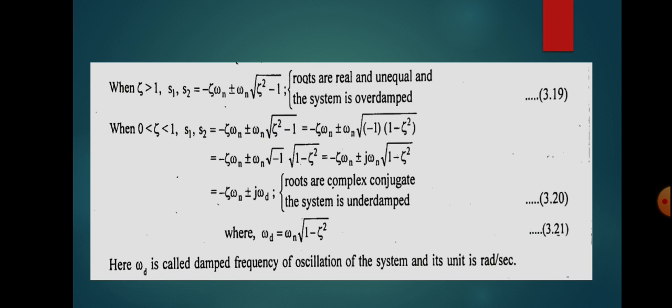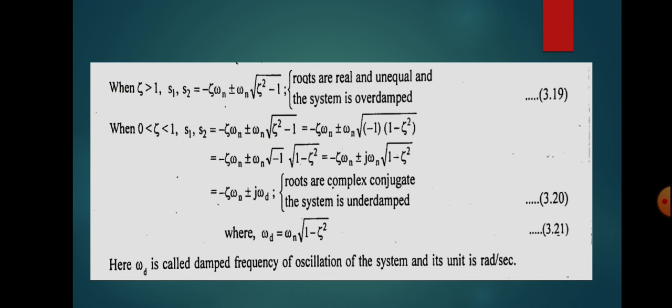When delta is between 0 and 1, the roots will be minus delta omega n plus or minus omega n into square root of delta square minus 1. That can be written as minus delta omega n plus or minus omega n into square root of minus 1 into 1 minus delta square. Since delta is less than 1, in order to make it positive we take minus 1 outside the root.